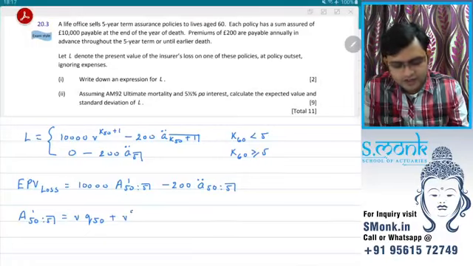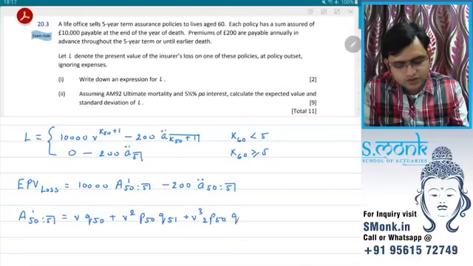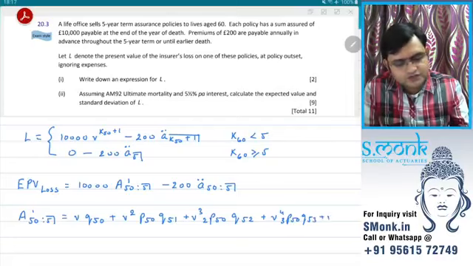Then payment at the end of the second year if the person survives the first year and dies within the second year. Similarly, third year v cubed 2p60 q62, then v to the 4 3p60 q63, and the last one v to the 5 4p60 q64.